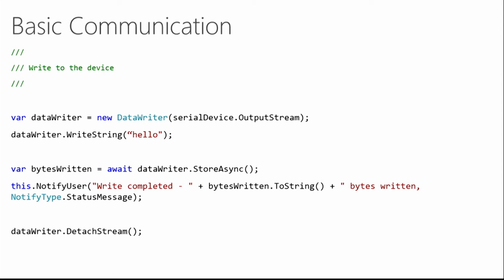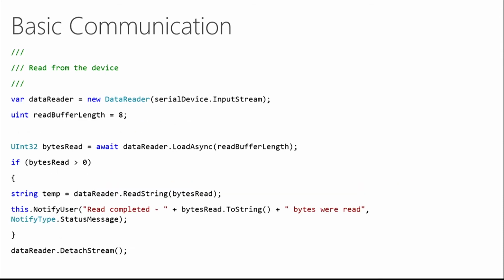If you wanted to write to the device, you would use the output stream property that's there in the serial device object and fill in the data writer that you create from this output stream with whatever. In this case, I'm just showing you a way to write hello over a serial port, and then you can call store async on it and send the data on that stream. And you can check back to see how many bytes were written.